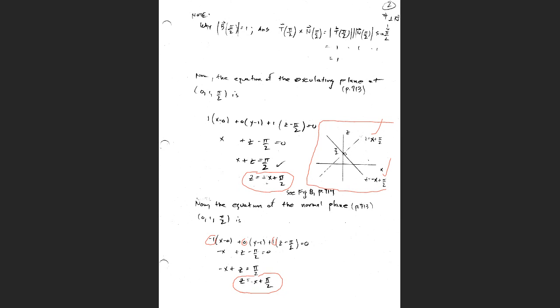Pretend that the y-axis comes out at you. You can see that those two planes are perpendicular. Okay, and now what's left to find is the curvature, but are there any questions so far?